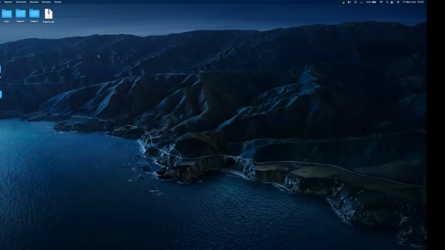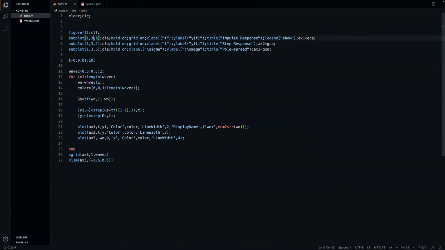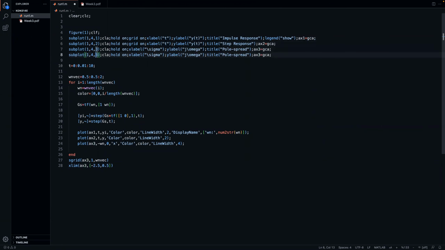What we can still do is increase this, and I might prove it to you numerically that the settling time that I'm talking about does actually work. So let's have omega n vec on the x-axis and the settling time here, and call it settling time, like this, and ax4.